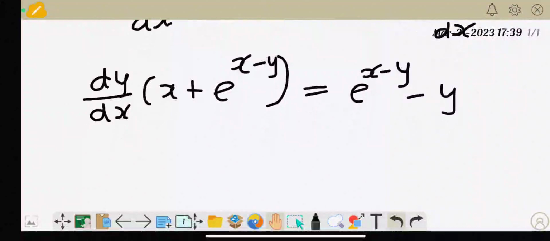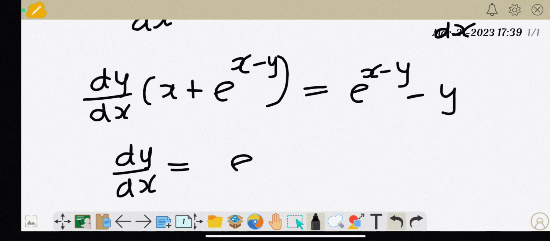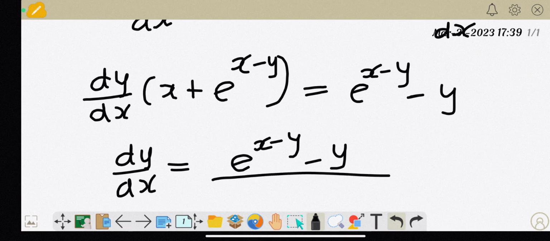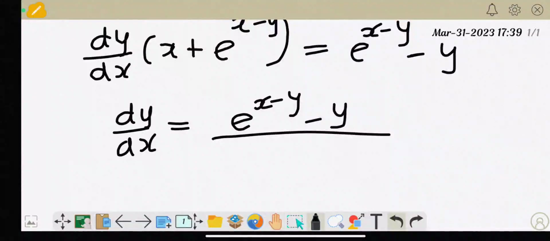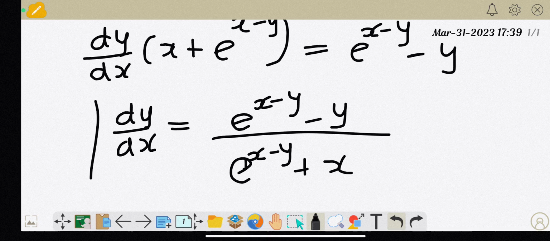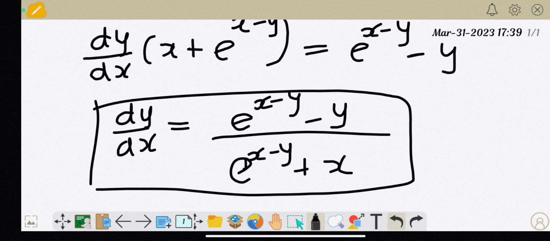So now I want dy by dx. dy by dx is equal to e to the power x minus y minus y divided by e to the power x minus y plus x. So this is our answer if we don't apply log on both sides. Let me check my answer. Question number 15, right?